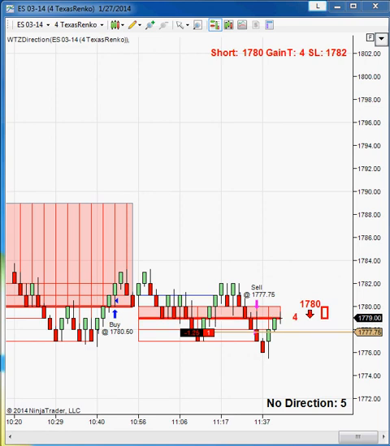Today is a really tough day, and the pattern looks like a downside, but you never know. Let me see what happens. Okay, again no direction is a 4, that's in our favor. No direction is a good 5, it's not in our favor, but we're already in.